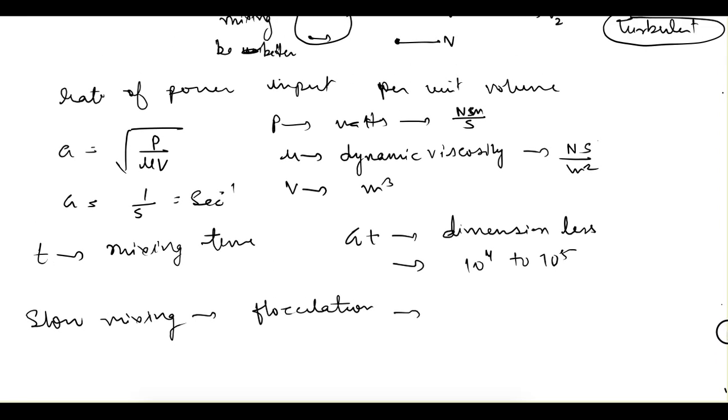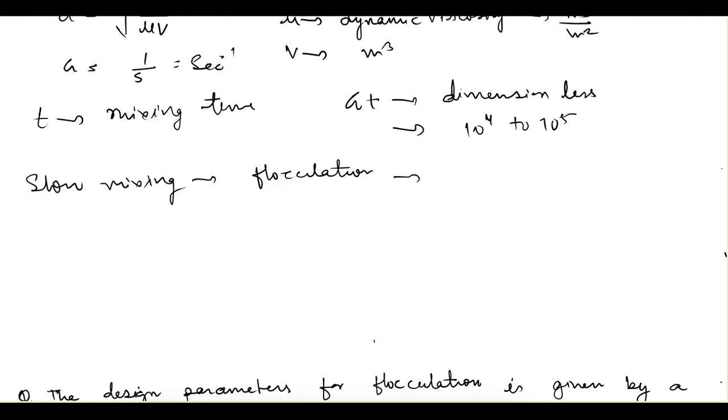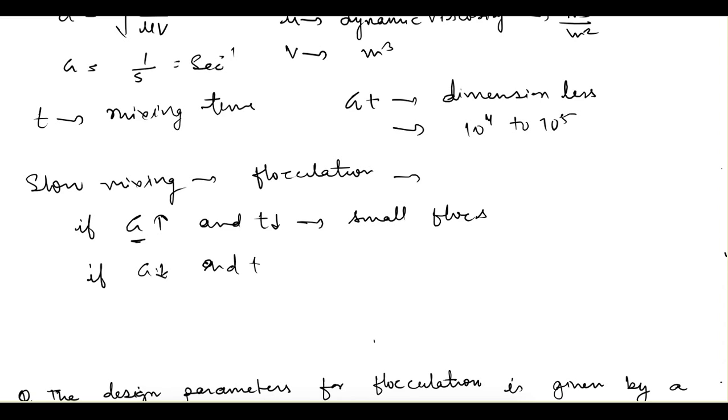There is one more thing: if G is more and T is less, that is, the velocity gradient is high and detention time is low, then you will get small flocs, and if G is small and T is high, then you will get bigger flocs, or large flocs.